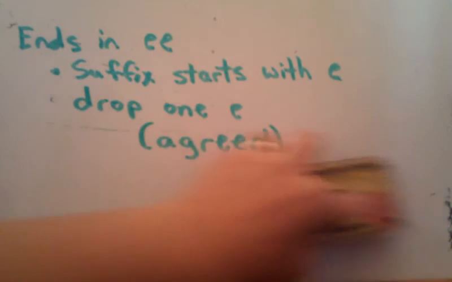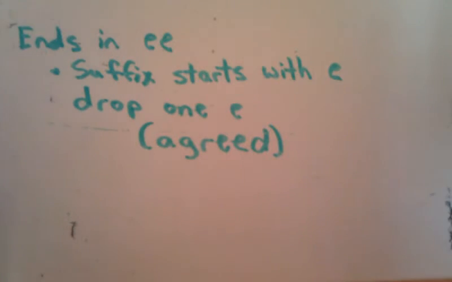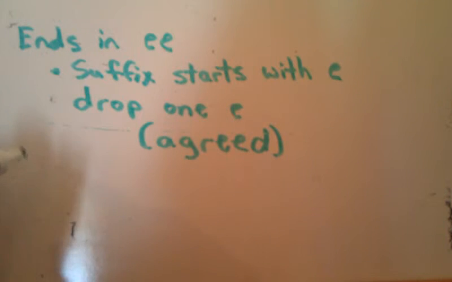All right, here we go. When adding a suffix beginning with a vowel to a word ending in a consonant, double the final consonant.